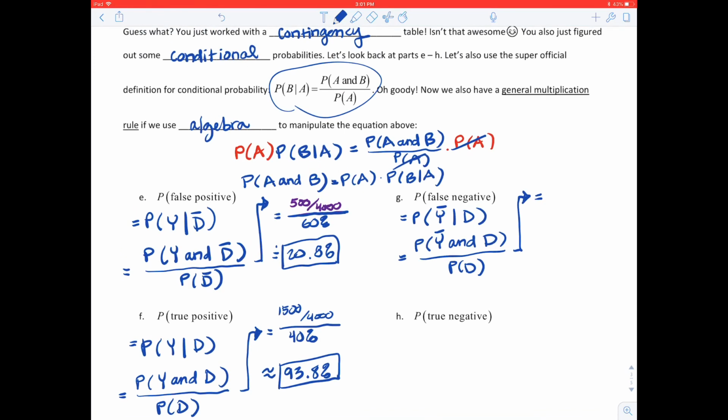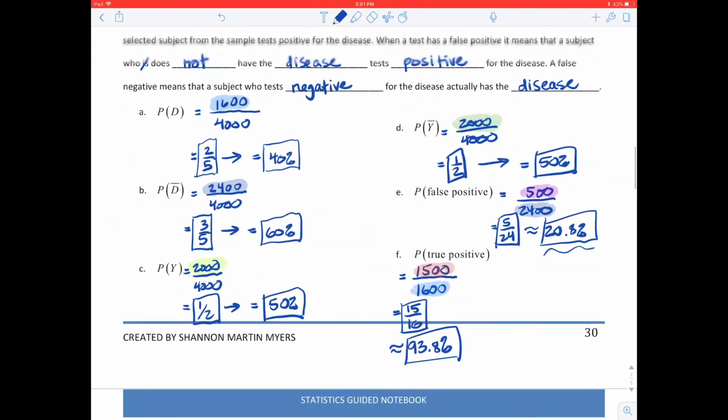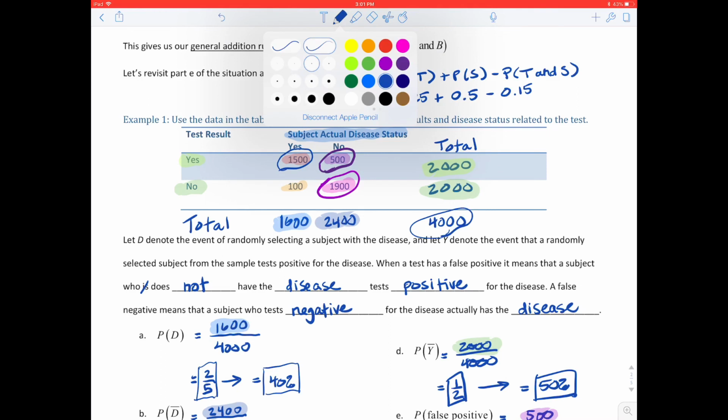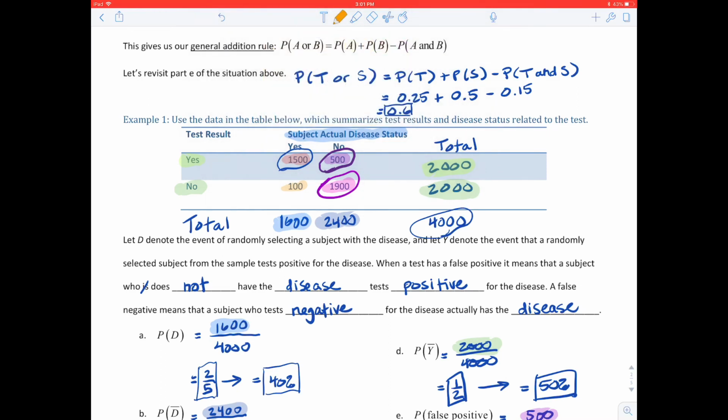There are 100 folks who test negative but have the disease, out of 4,000.